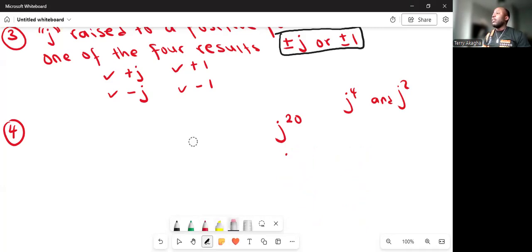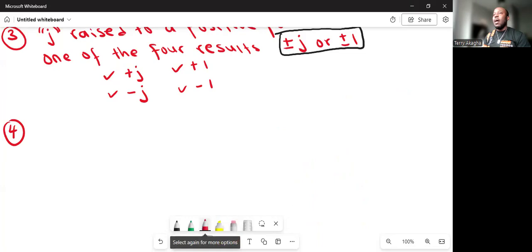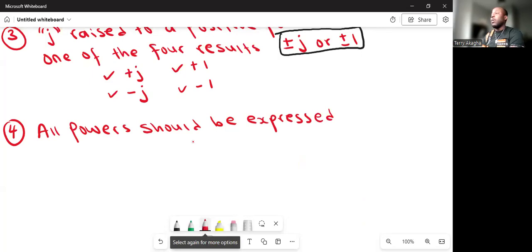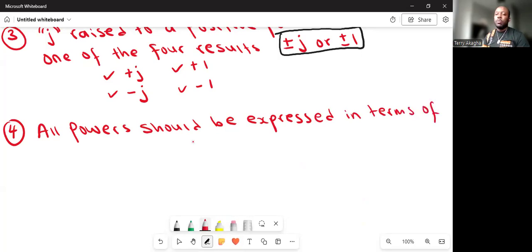All right, so I'm going to write it down. So we have all powers should be expressed in terms of j^4 and j^2, okay?